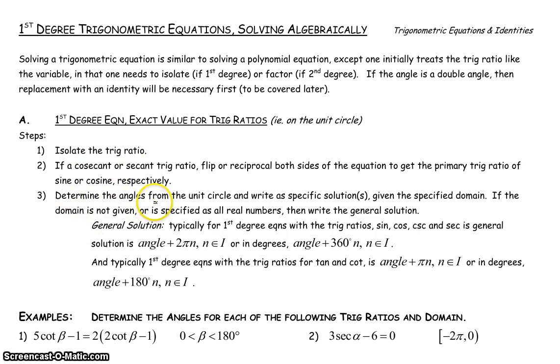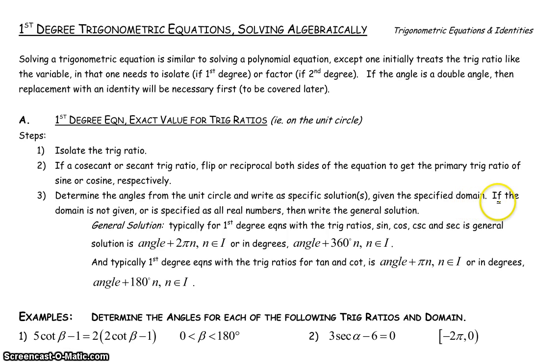Then determine the angles, so then you'll have something like, sine theta equals 1/2. So then you're off to the unit circle to determine the angles and write the answer, theta equals or beta or whatever it is, as a specific solution or solutions given the specified domain.